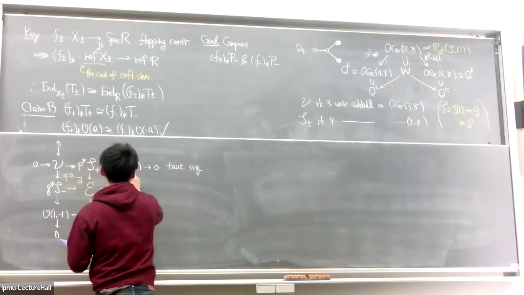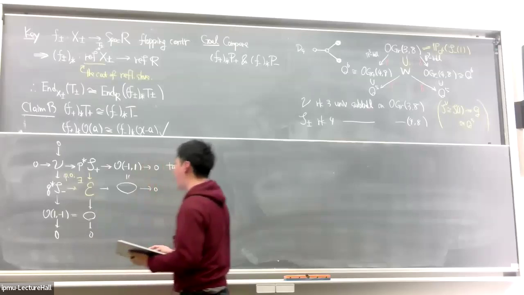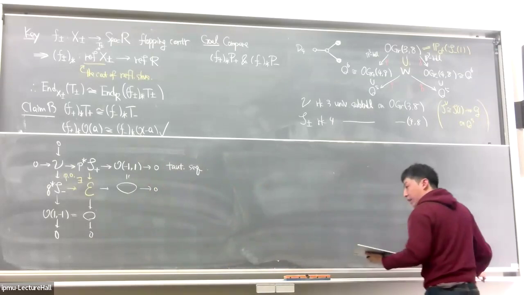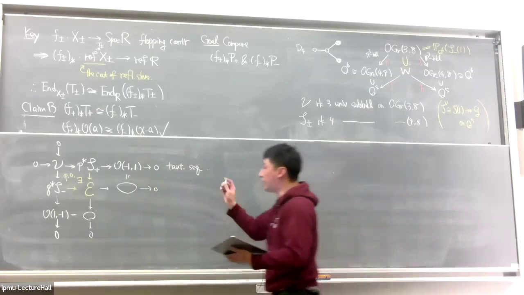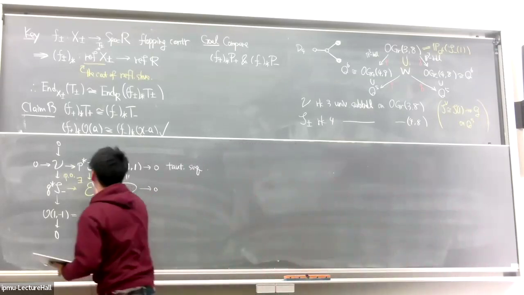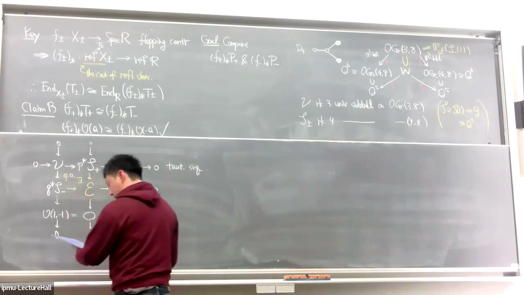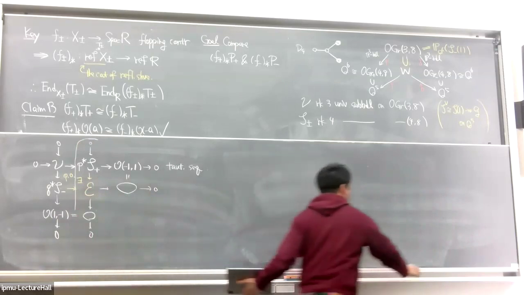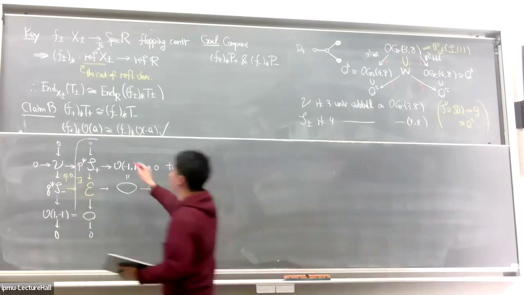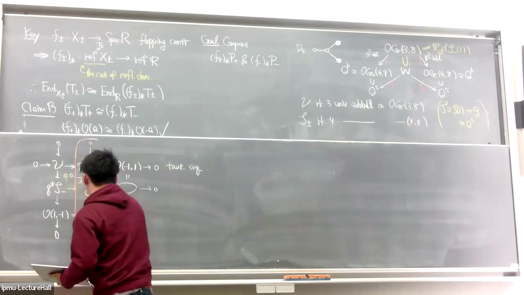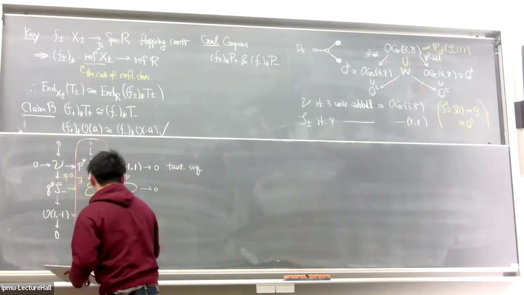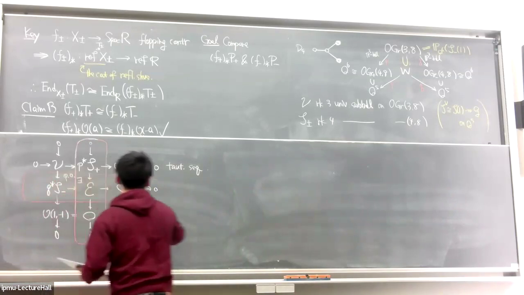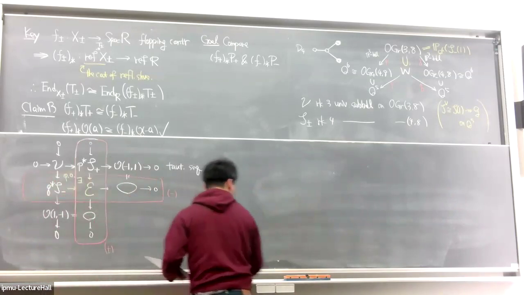This construction gives two exact sequences: this one is plus, and this one is minus.